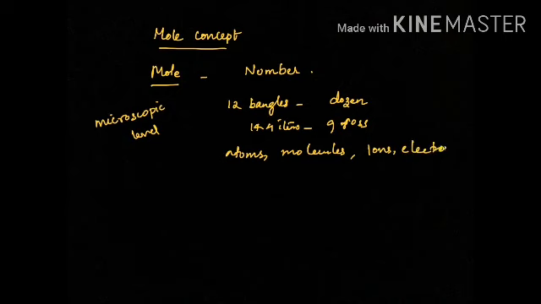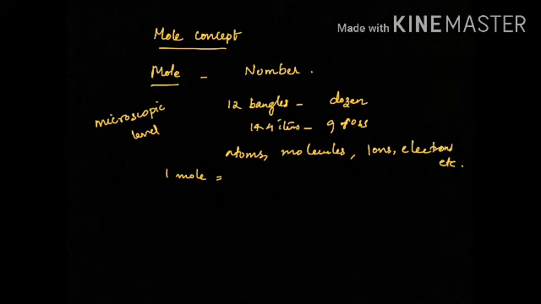So a mole is a number to indicate the number of atoms, molecules, ions or electrons present. Just like 1 dozen means 12, a gross means 144.